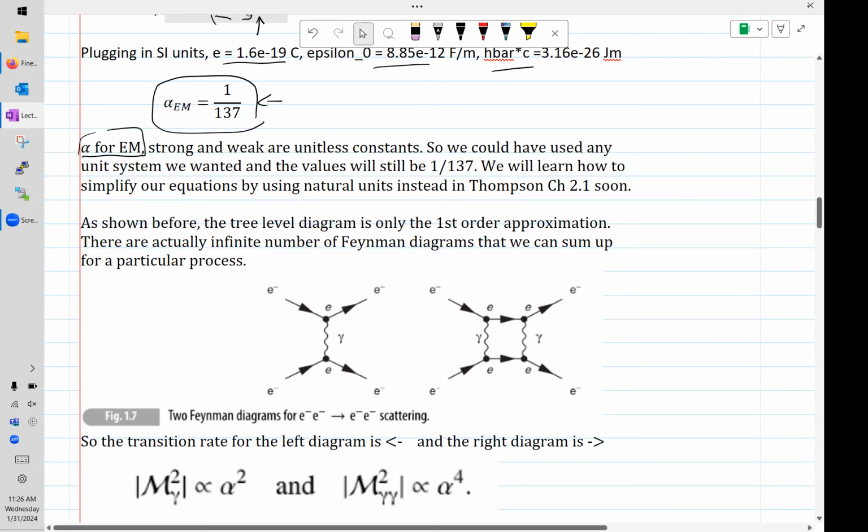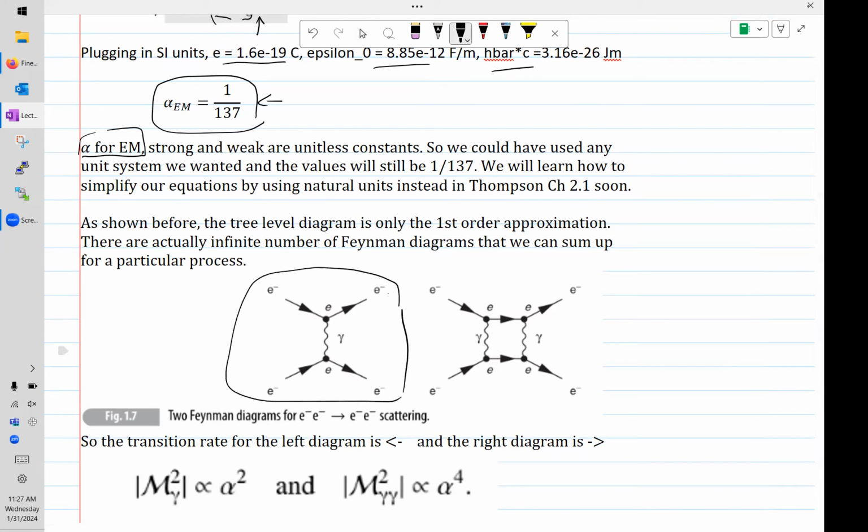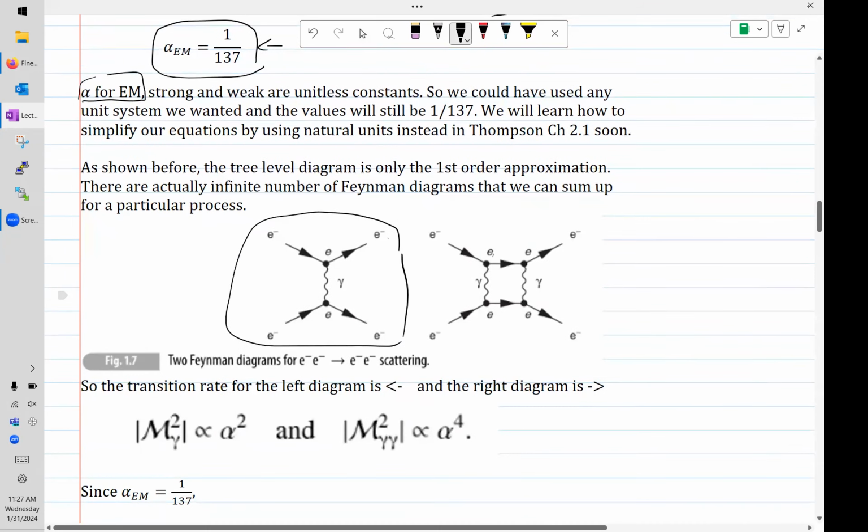As shown in the tree level diagram process here, that's the one we're looking at a lot. As Dr. Miller mentioned, there are other diagrams that you could draw. The example the book gave is this second order diagram, where instead of the electrons just scattering off each other once, they scatter off each other twice by exchanging 2 photons instead of just 1.